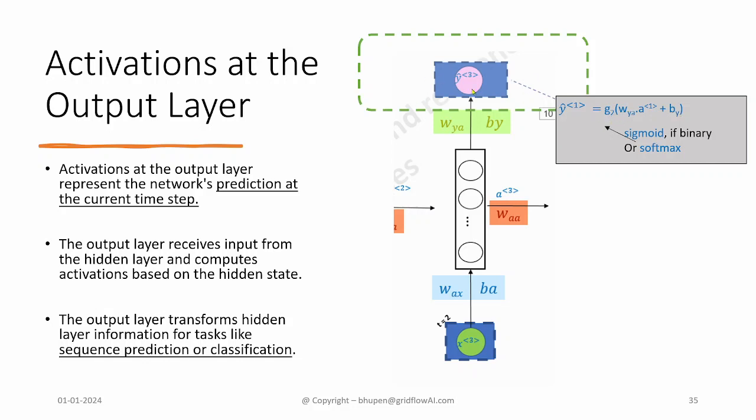So this is going to give you the activations at the output layer. So both are important features of the way the RNNs actually work, and we will make use of those in our subsequent demos or use cases like text classification or sequence generation.